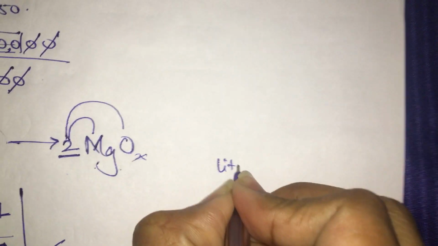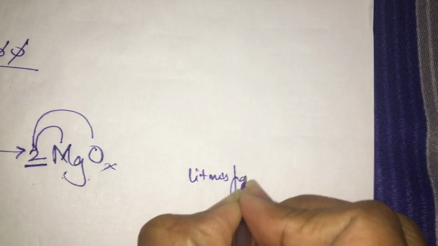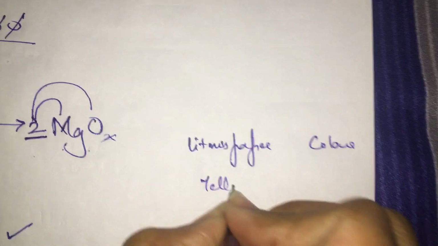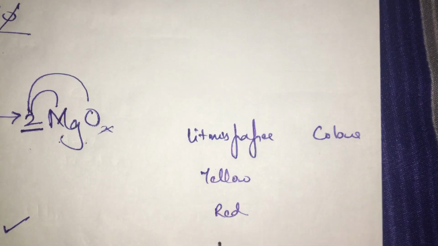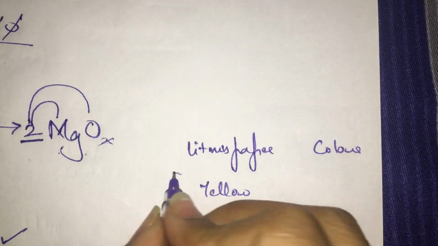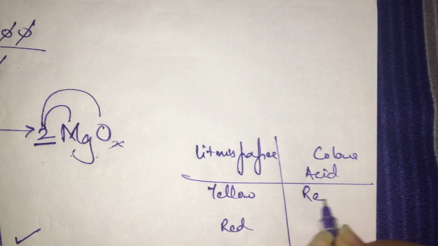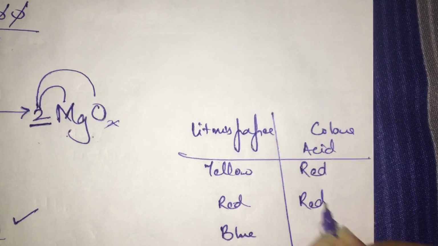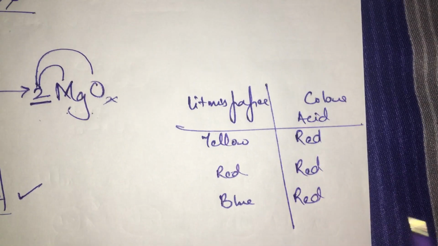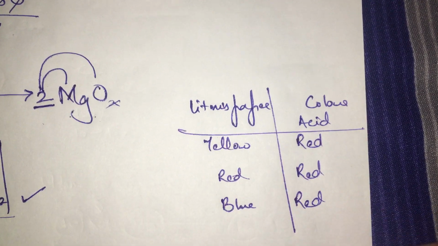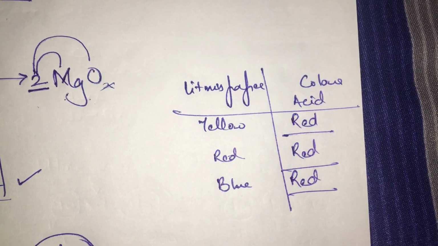So if we write like this, litmus paper color: yellow litmus paper, red litmus paper and blue litmus paper. In reaction with acid, yellow will turn red, red will remain red only, blue will also become red. So as soon as you dip any of the litmus papers in an acid, it will show red color.